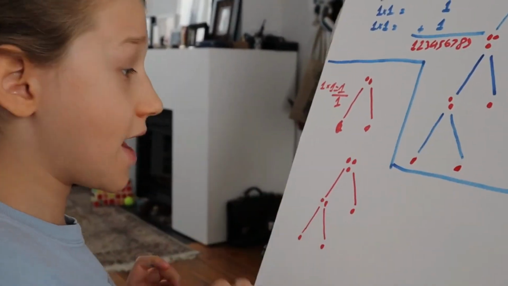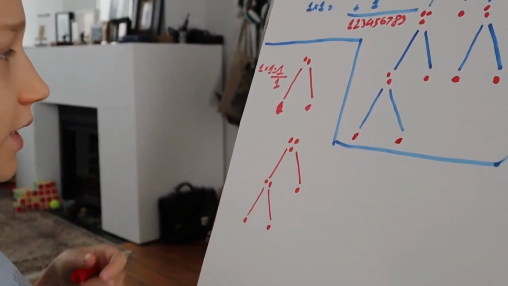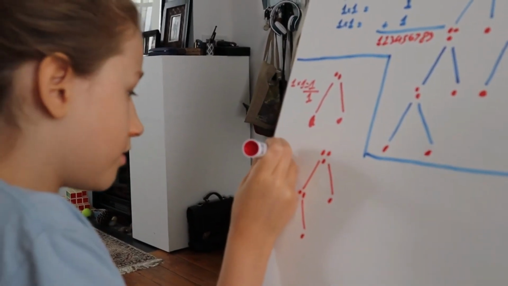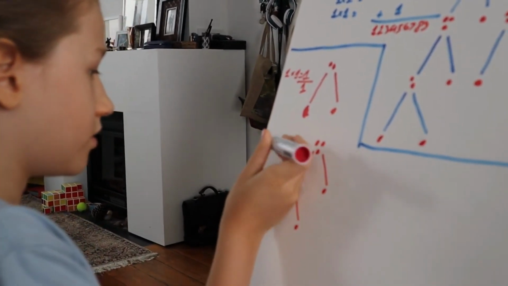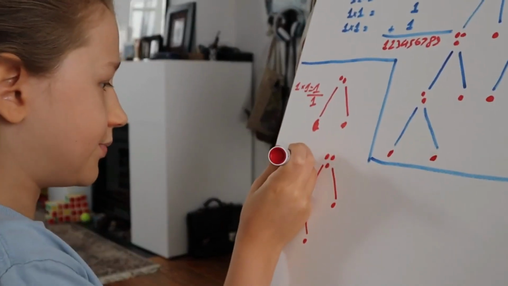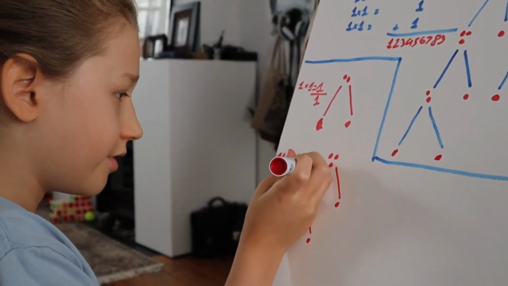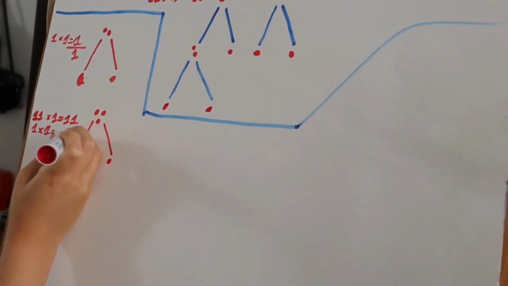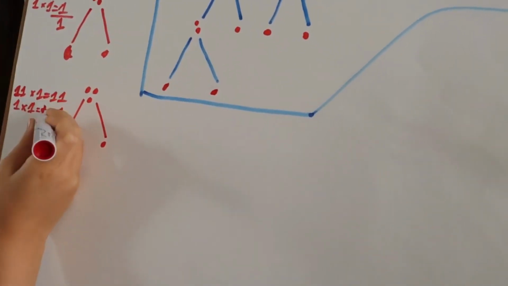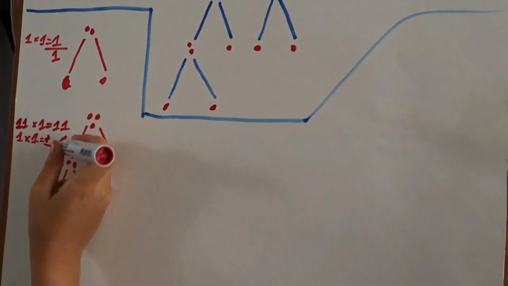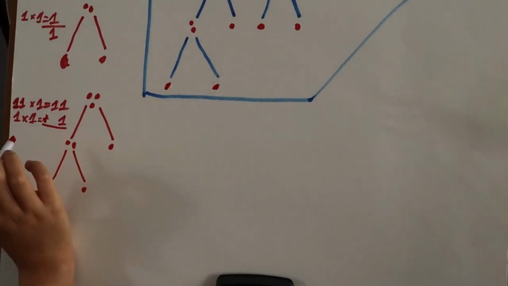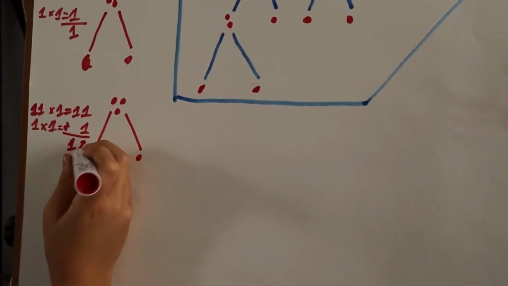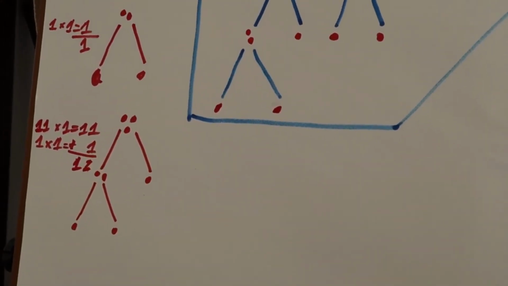There's no other way I can do it for 3. So now we get 1, 1 times 1 is 1, 1, and 1 times 1 is 1. Add them together. You'll get 1, 1, add 1 is going to be 1, 2. There we go. So now we have 1, 2.